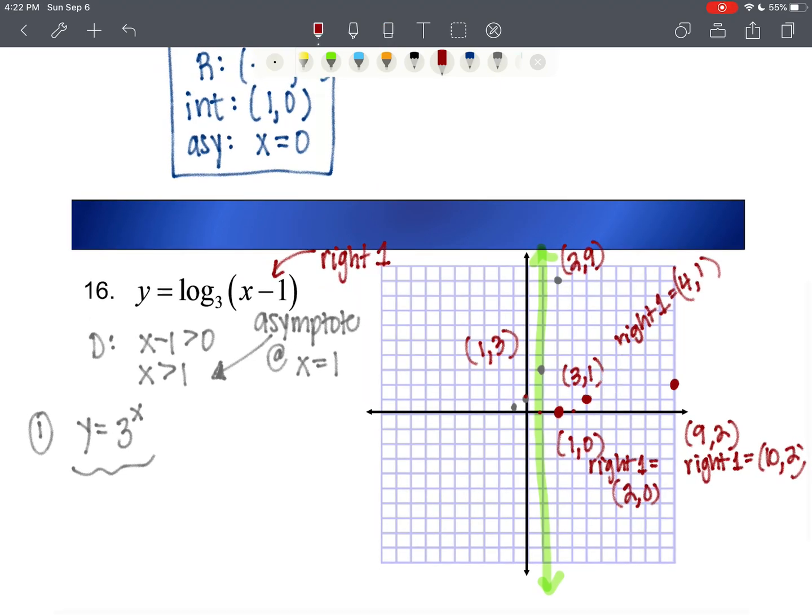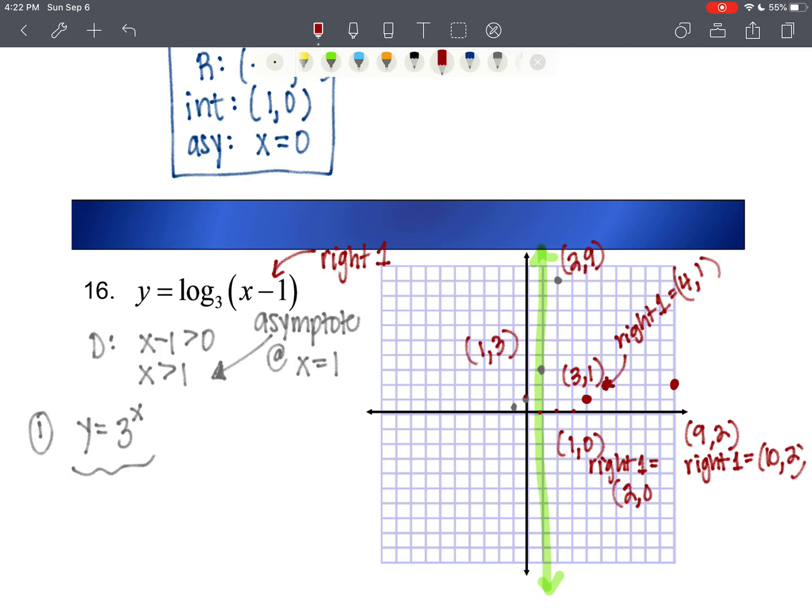Oh, see, I just make these arrows that look like dots. There we go. So right 1 becomes 4, 1. 1, 0, right 1 becomes 2, 0. And there's our graph.